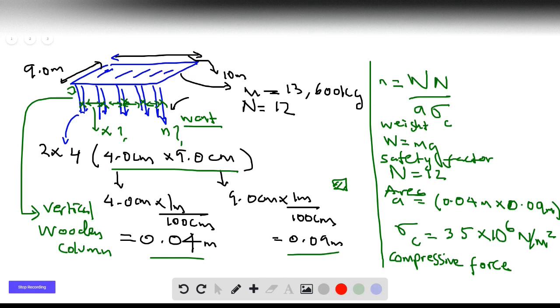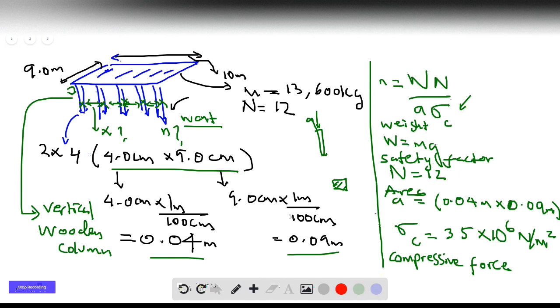The compressive force, remember, if you have a column and you're applying a force on it, it's going to resist, and that resistance or the force that it can take is sigma c, which is the compressive force, happening to be 35 times 10 to the 6 Newton per meter squared.